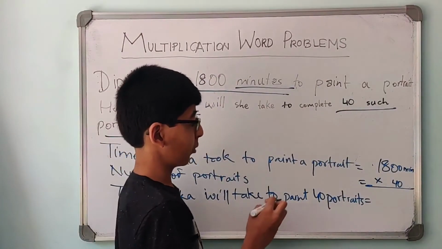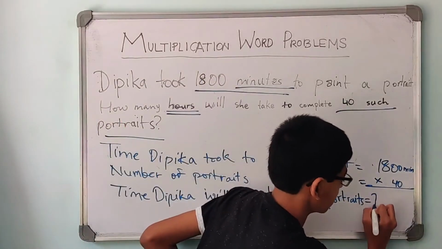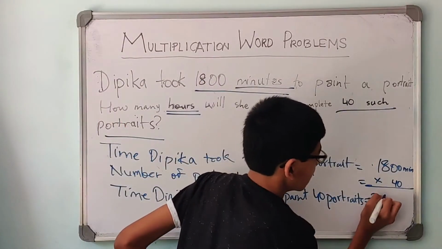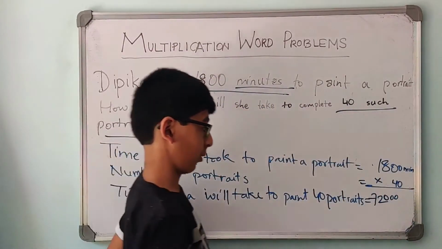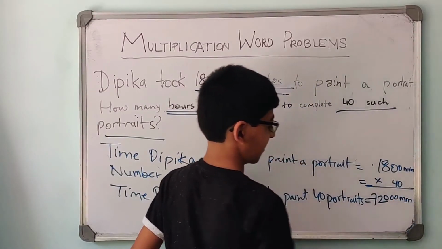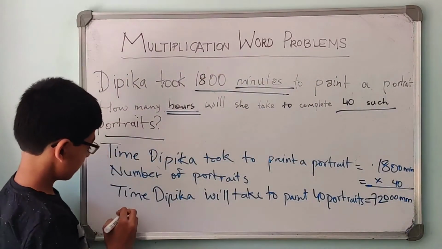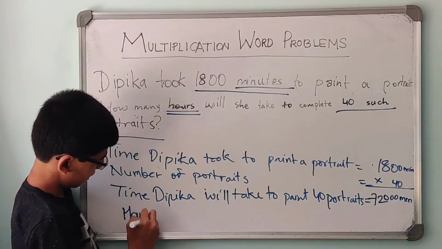Let's forget about the zeros. Now the question is 18 into 4. 18 fours are 72. And then put 3 zeros, 2 zeros from here, 1 zero from here. So totally 3 zeros. 72,000 minutes.